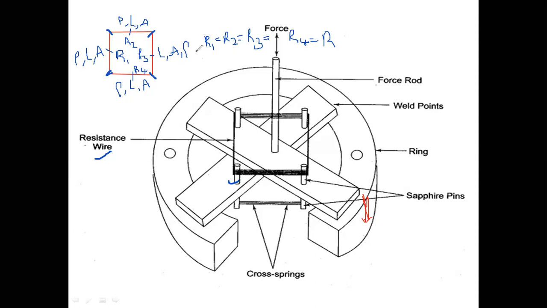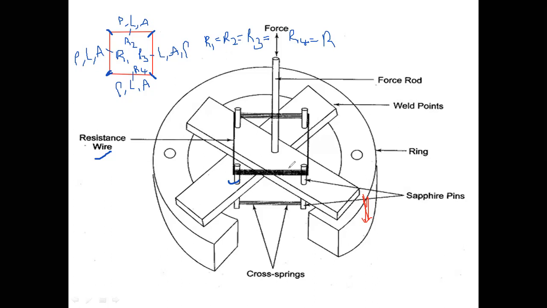So if I assume these four wires as four resistors of a Wheatstone bridge, then the bridge is balanced.